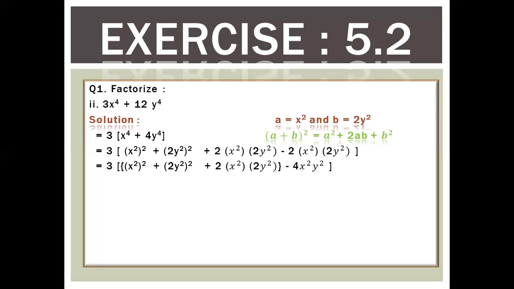In the next step, we combine the positive term with the formula and we separate the negative term. We write x square whole square plus 2y square whole square plus 2ab. We combine the positive term with the first two terms and we leave the fourth term, which is minus 4x square y square, separately.